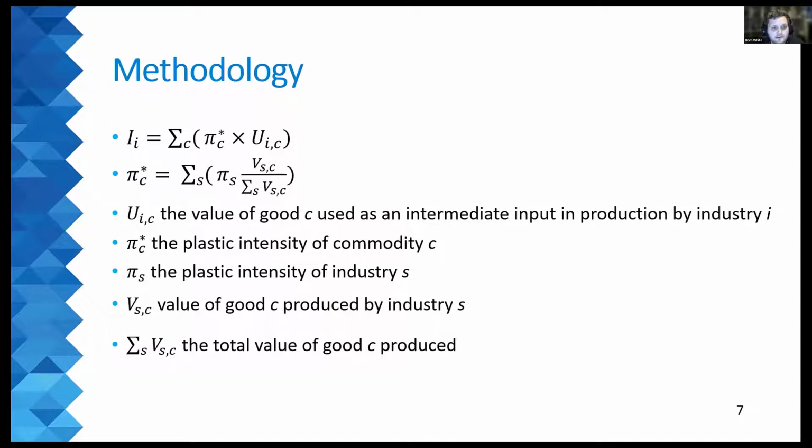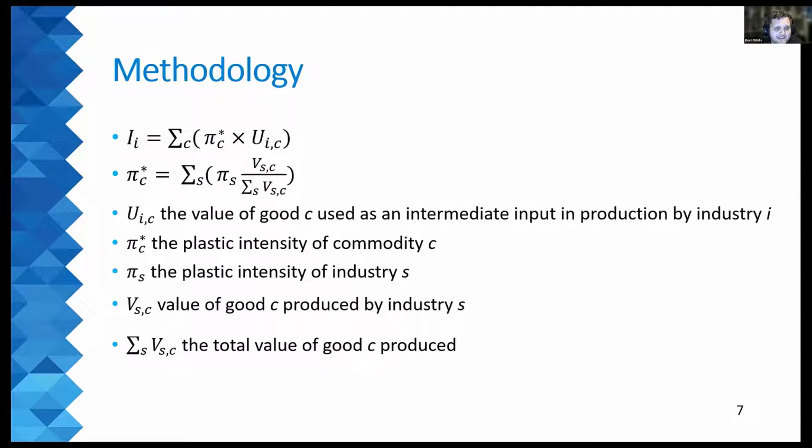So there's a couple of equations here which sort of summarize it. Indirect plastic use for each industry is equal to the plastic intensity of each commodity that's used by that industry, represented by π_c, multiplied by the value of that commodity used by that industry, shown by U_i,c, and that's summed across every commodity used by each industry.